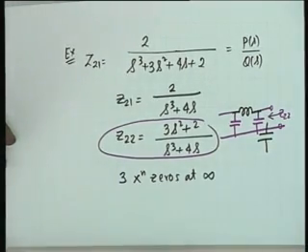Is 1 by Z22 Y22? That's right. So why don't we make this a Cauer 2, with capacitors? No, Cauer 2 will give capacitors in series. We want capacitors in shunt.